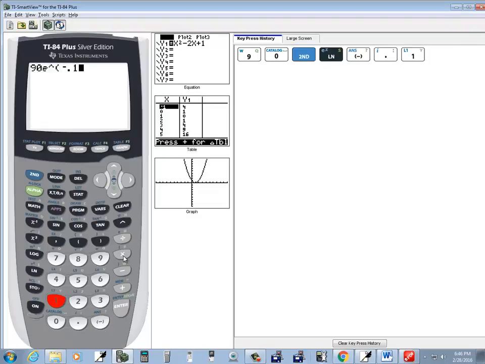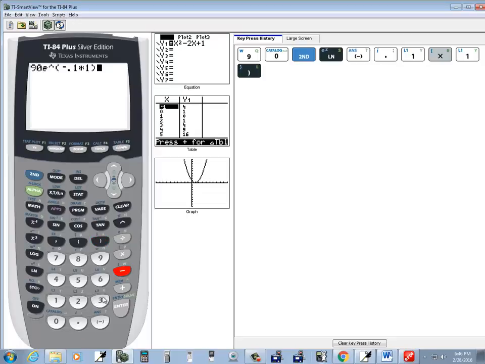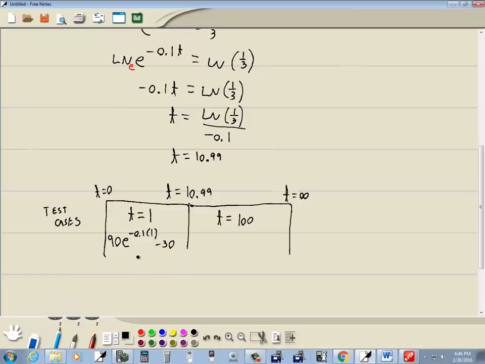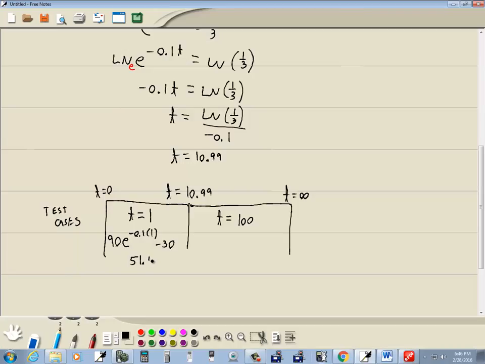Even though it's trivial, let me go ahead and put in times 1, closing parentheses. We know multiplying by 1 doesn't change anything. Minus 30. And we get 51.44.